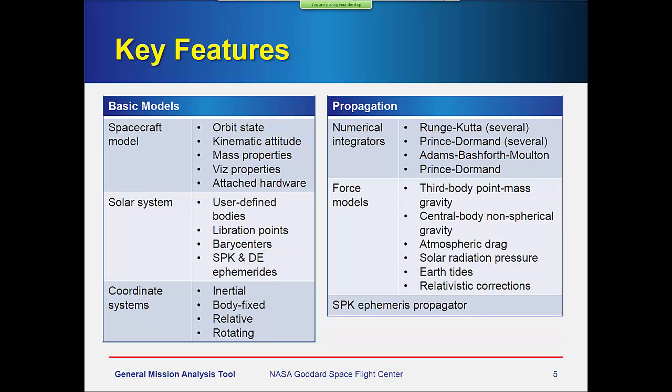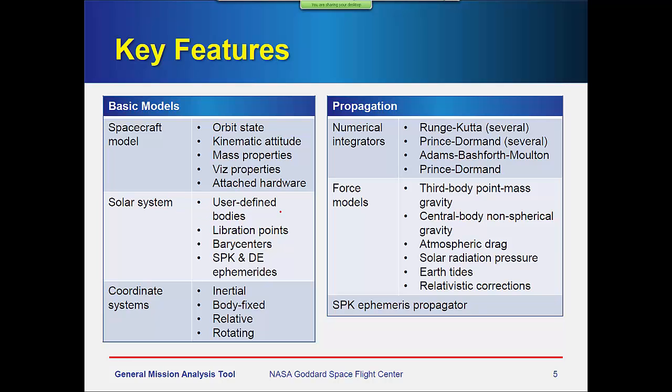All right, so this is just sort of a laundry list of features. Just in case you are thinking of something in particular, this might ring a bell as something you might be interested in that we can talk about later. So basic spacecraft models, of course, we have models for state, attitude, mass properties, visualization.